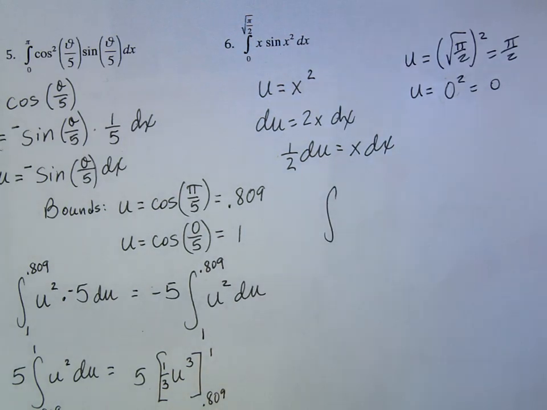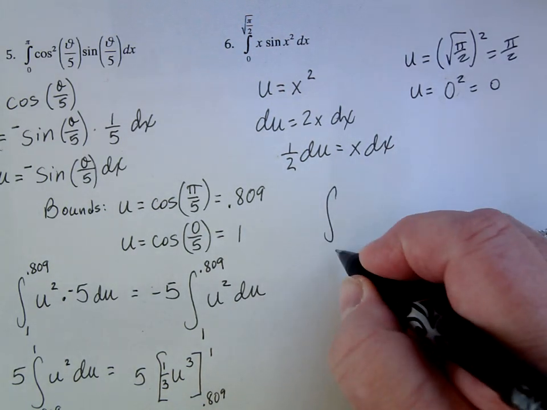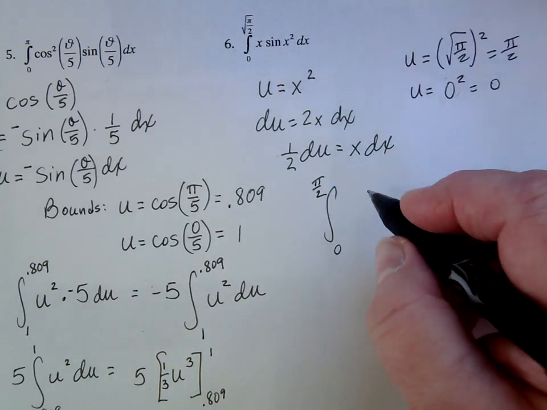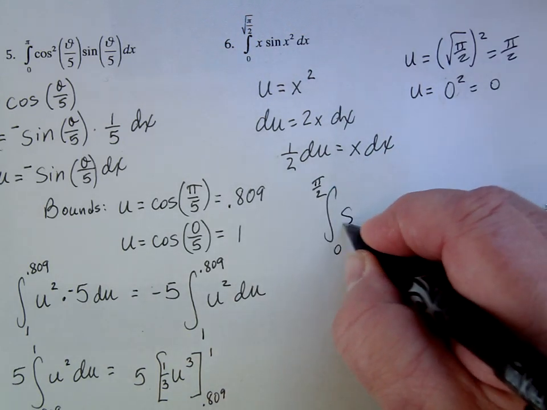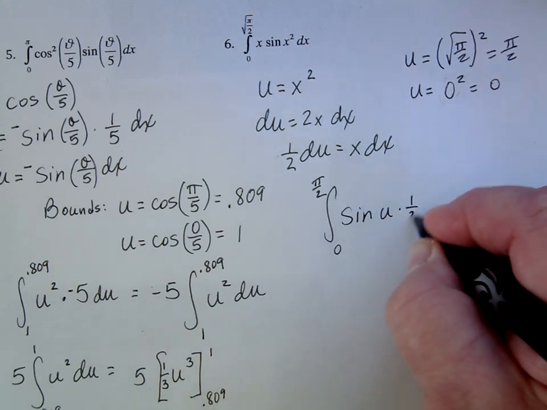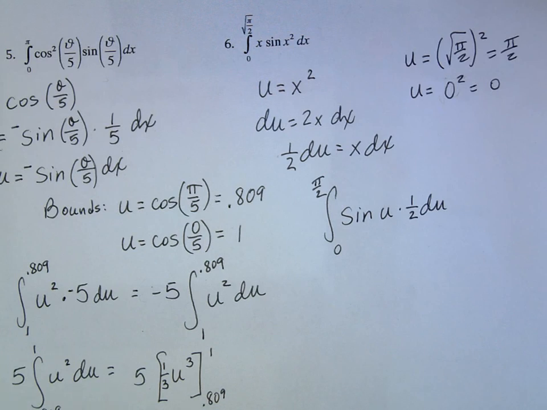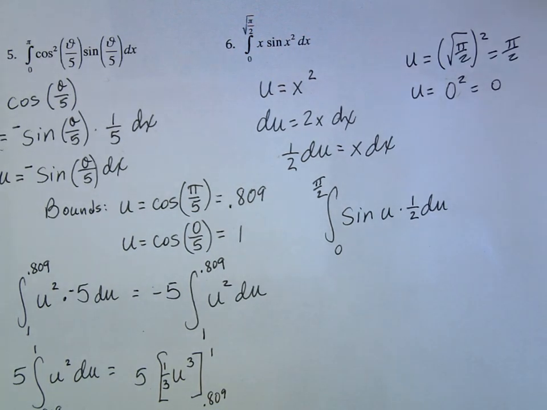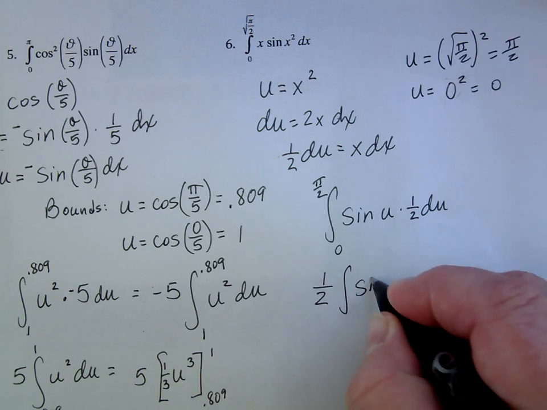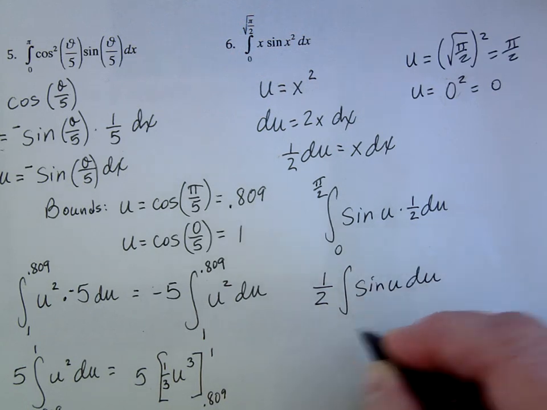I have bounds going from 0 to pi over 2. And I have a sine of u, and I have x dx is equal to a 1/2 du. And so I'm going to take that guy and pull the 1/2 out. Gives me an integral of the sine of u du going between 0 and pi over 2.